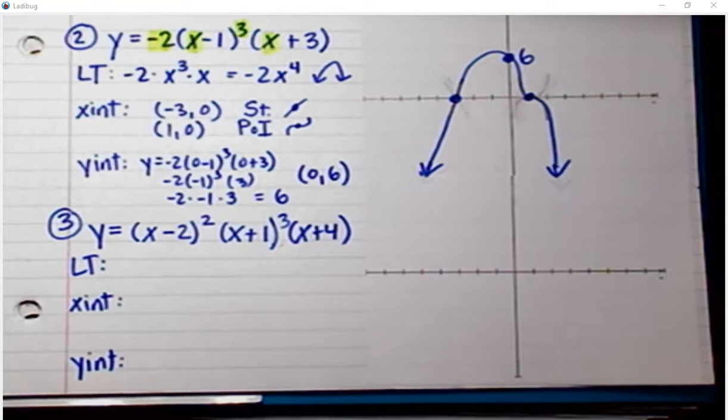So while you guys are working, I'm going to take your empty papers. I've used all that.